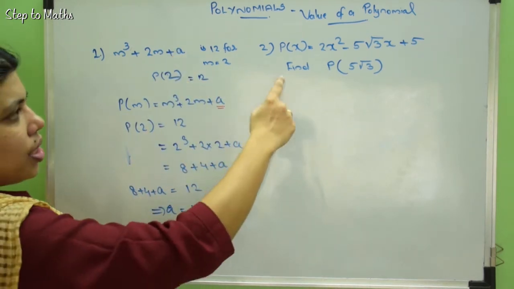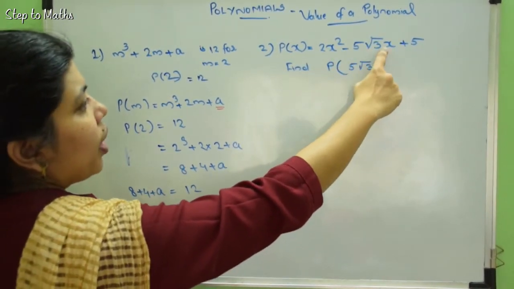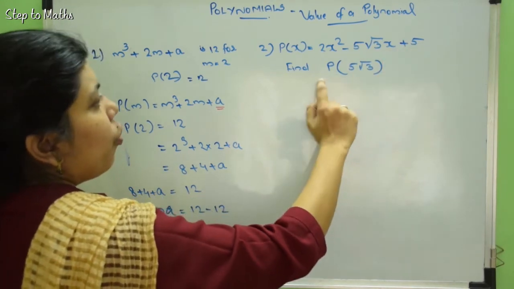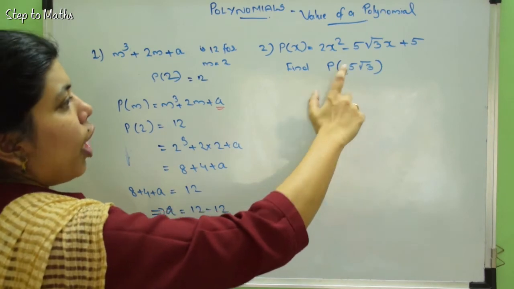Our next question is, p of x is equal to 2x square minus 5 root 3 x plus 5. Find the value of p of 5 root 3.